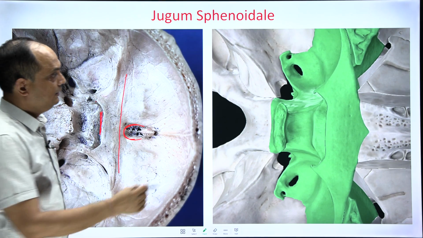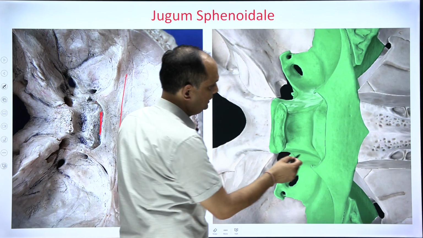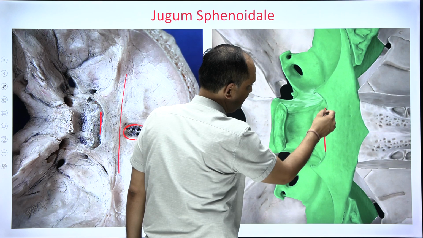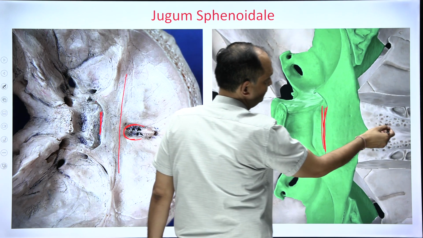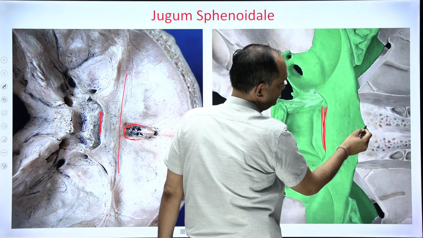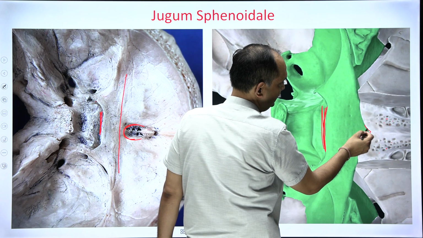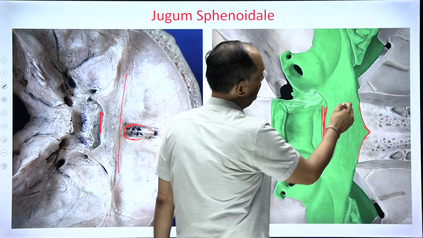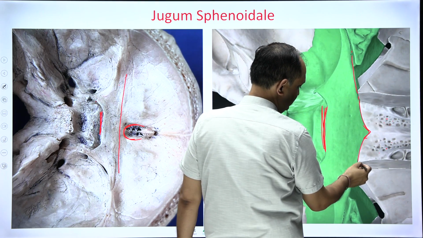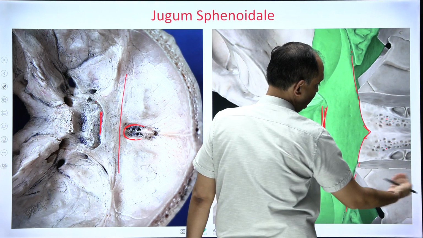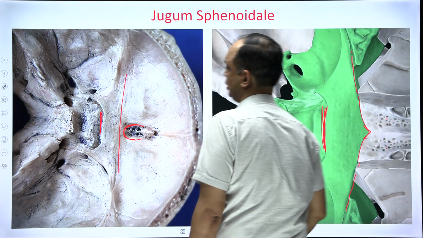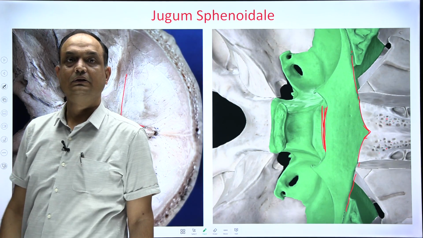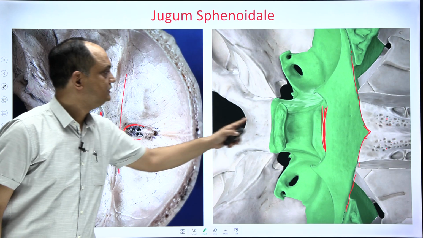Here this is your sulcus chiasmaticus. Here this is your cribriform plate, and this is the ethmoidal spine, and this is a joint with the cribriform plate, and also on this side the orbital plate of frontal bone comes and makes a joint with this part. Clear? So this is the Jugum Sphenoidale.